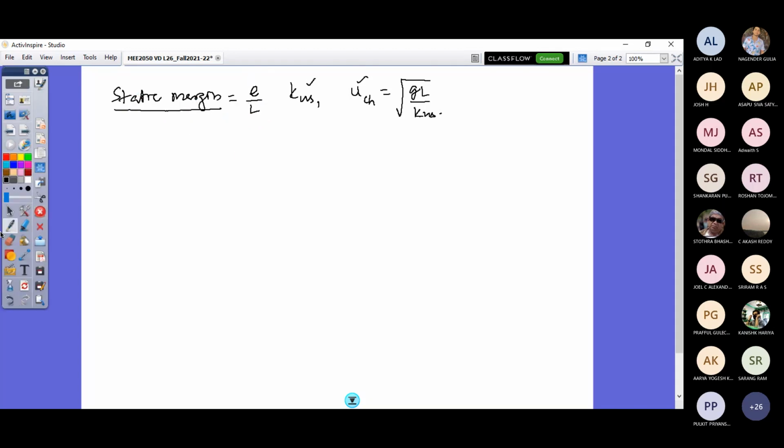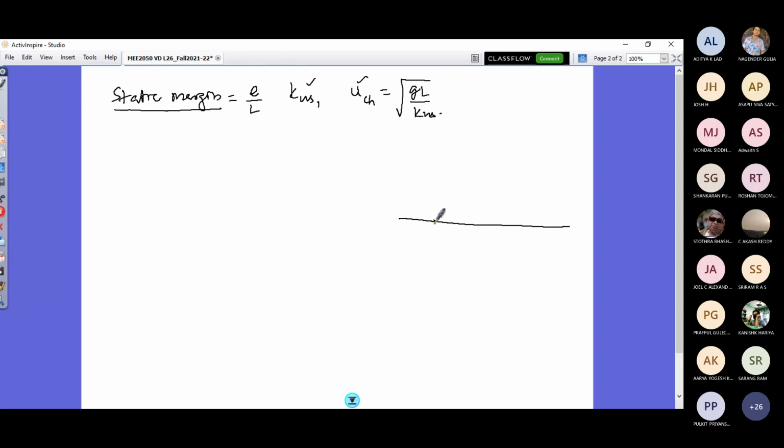To understand that, let's look at a vehicle drawn. This is the vehicle. You have your CG location somewhere here.